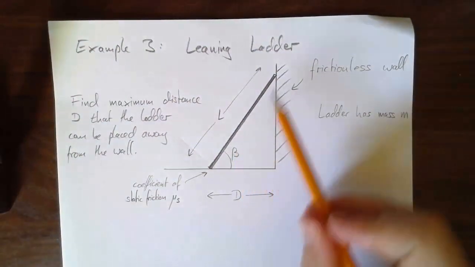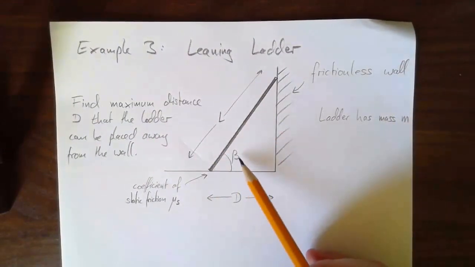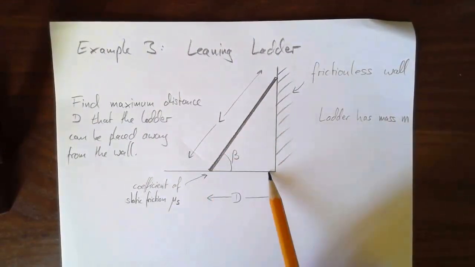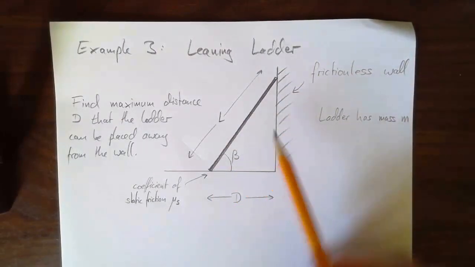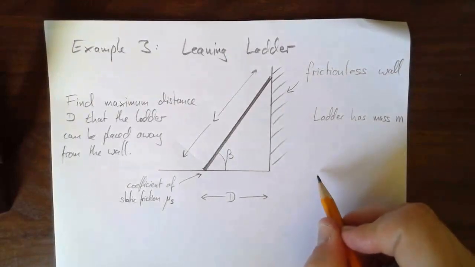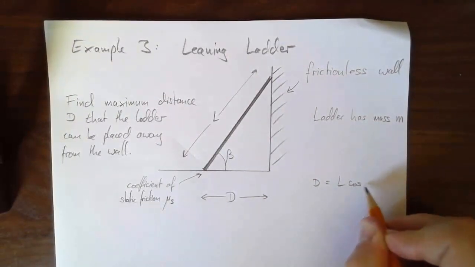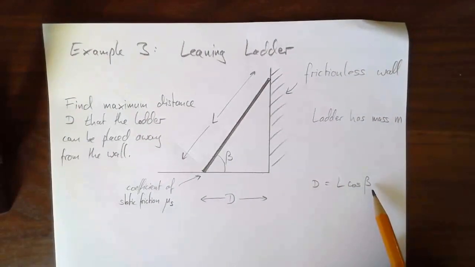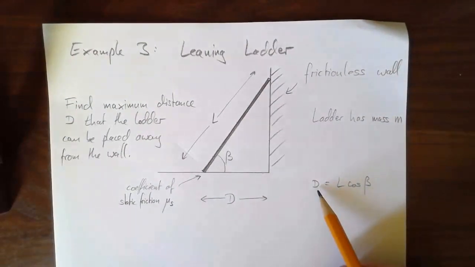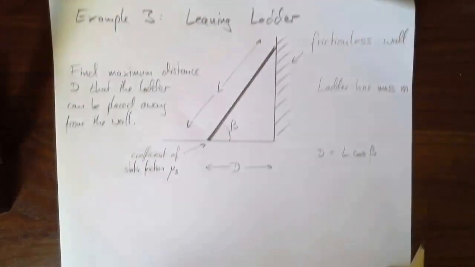The smallest beta can be before the ladder falls. Maybe that'll be a little bit easier, because I clearly know how beta is related to d, because in this triangle here, d is L cosine beta. Let me just write this down right here. d is going to be L cosine beta. So finding the smallest beta is the same as finding the largest d. Just rephrasing the problem, if you like.